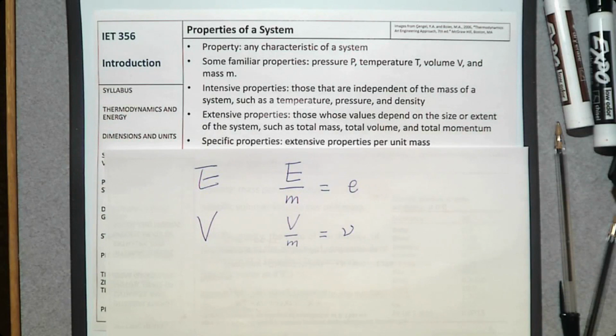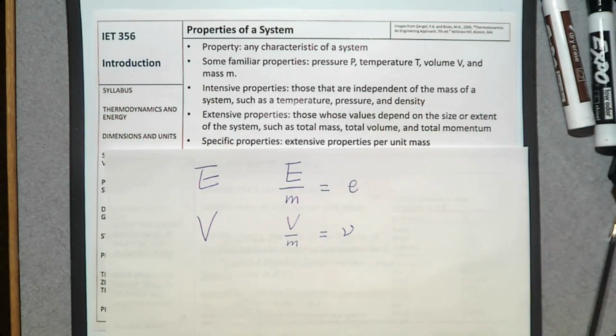Okay? So it is important how you write in an equation, whether it is capital or lowercase. They mean different things. Usually lowercase is the specific version of the capital. Specific energy is lowercase e. Specific volume is lowercase v.